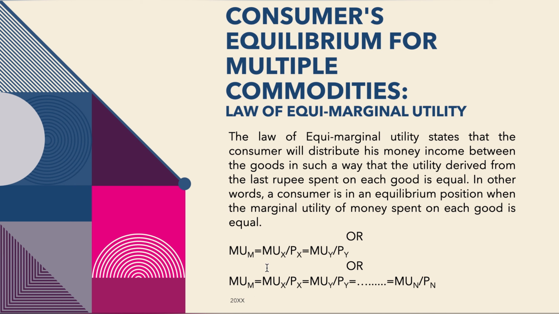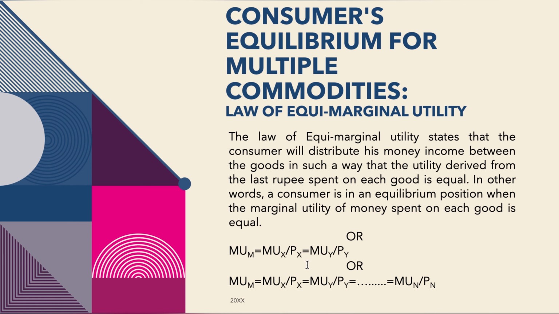Marginal utility of money should be equal to the ratio of marginal utility of a good, say X good, divided by the price of good X. When there are more than one commodities, then this ratio should also be equal to the marginal utility of good Y divided by the price of good Y. This is the case for two commodities.